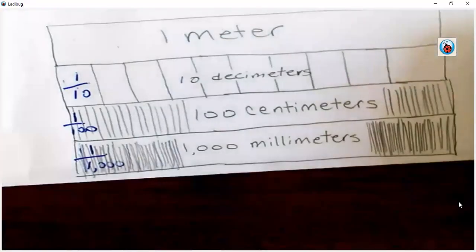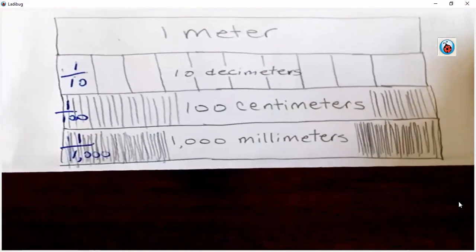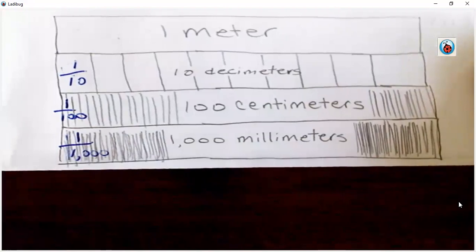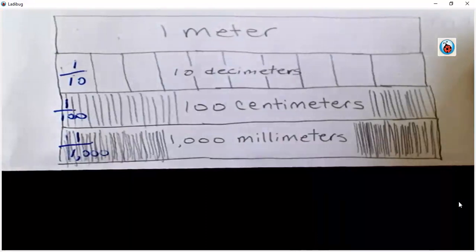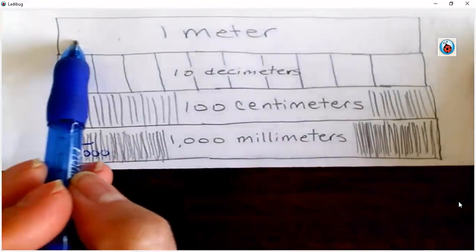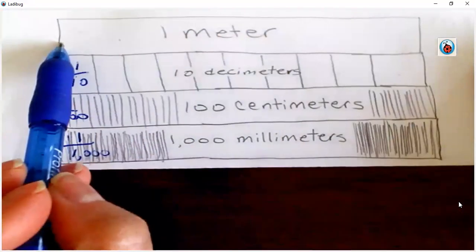What I like to do is give myself a little visual chart. So you might want to take a minute, maybe even pause the video, and make this in your journal or on a scrap piece of paper, because this may be useful as you're working through some of these problems. And just to have the bigger understanding that a meter is our main unit here, right?